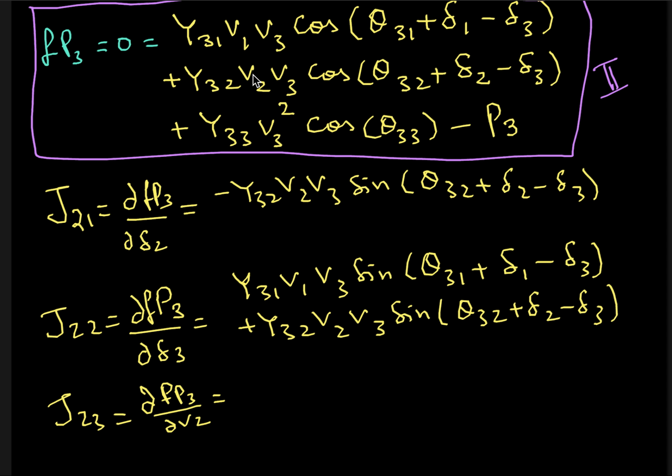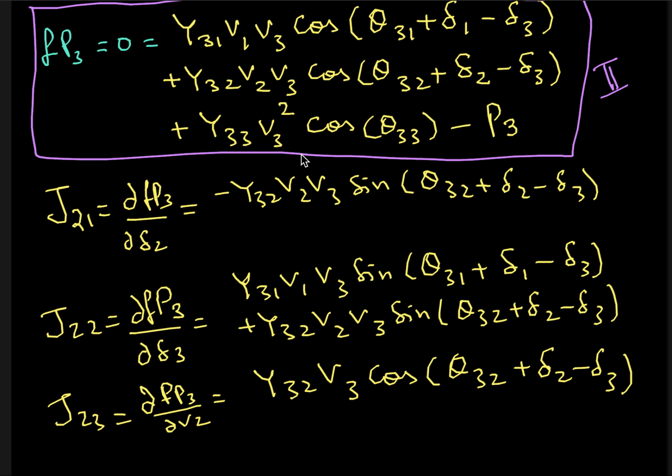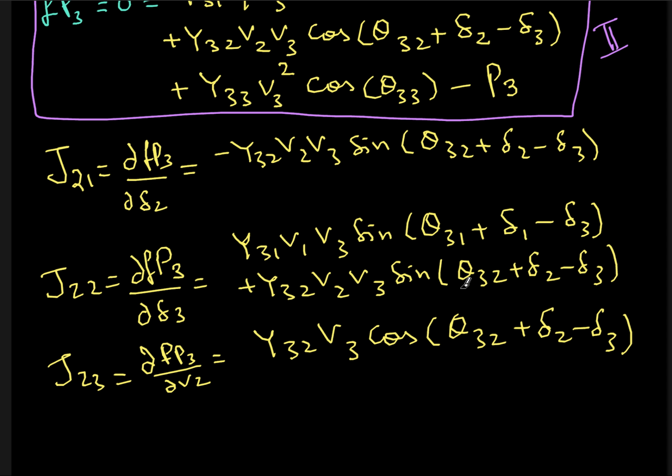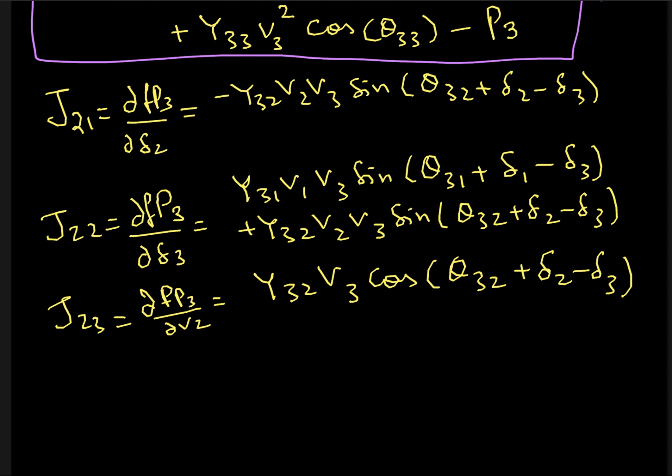There is a v2 in the second term, so I get everything except v2. So let me write that: y32 v3 without v2, cos of theta 32 plus delta 2 minus delta 3. So this is complete. There is no v2 in this, and no v2 in this. So these are the second row elements of the Jacobian matrix. Again, let me put a box around them so that they don't run away somewhere.